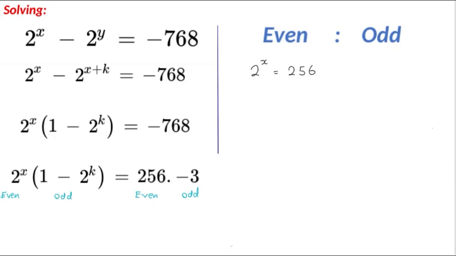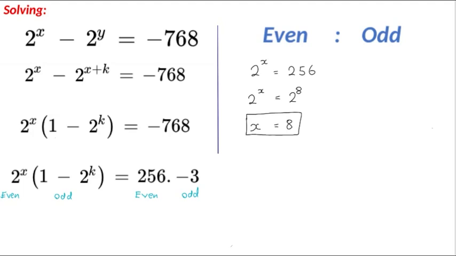And we have seen earlier that 256 can be rewritten as 2 to the power of 8. Now let's compare the exponents as the bases are the same, and we will get x is equal to 8. So that's our first answer.